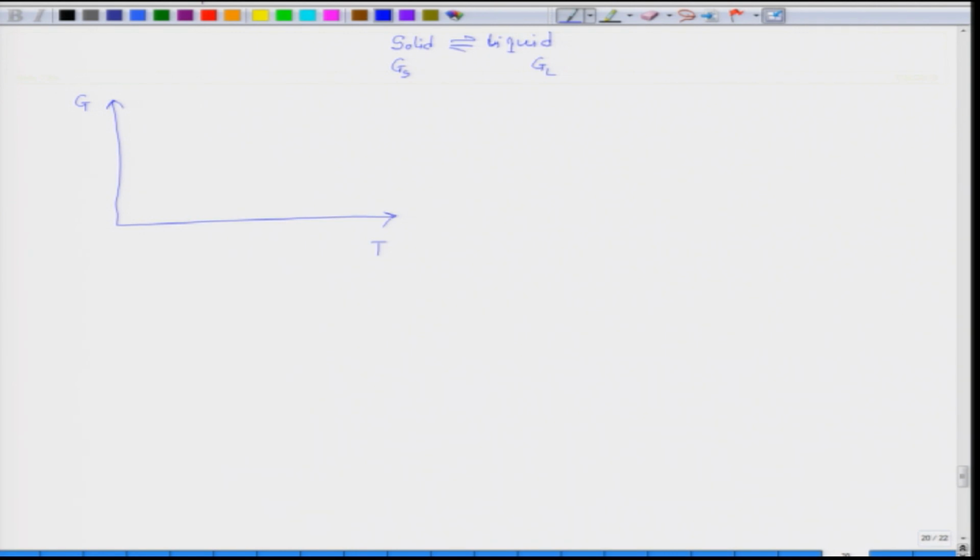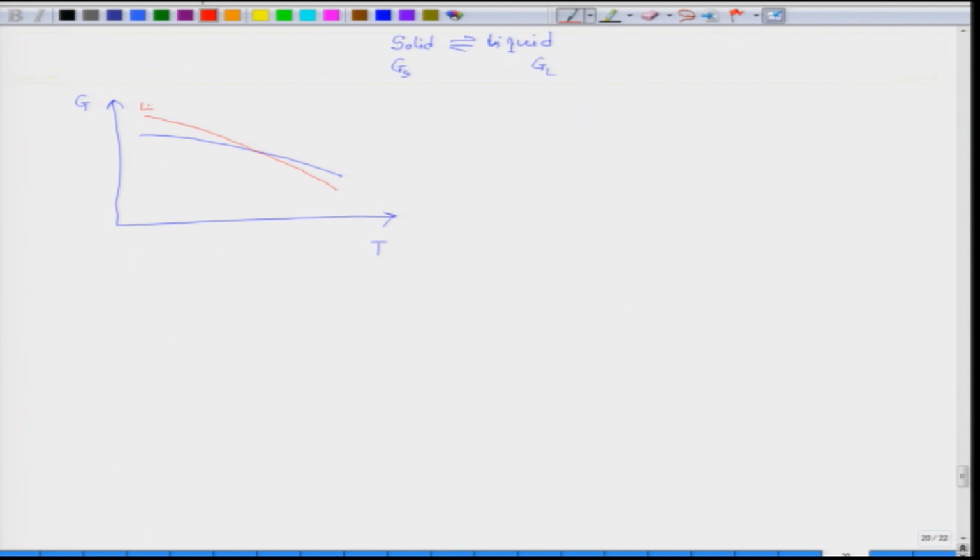Obviously, I know the kind of shape of the two curves. So, I draw one curve for solid, one curve for liquid. Okay. The one that I drew first is solid and the second one is liquid.